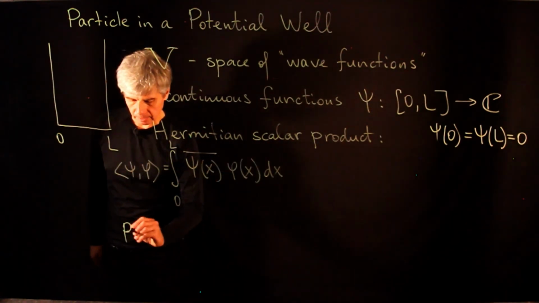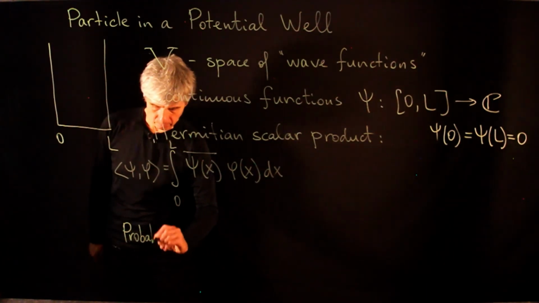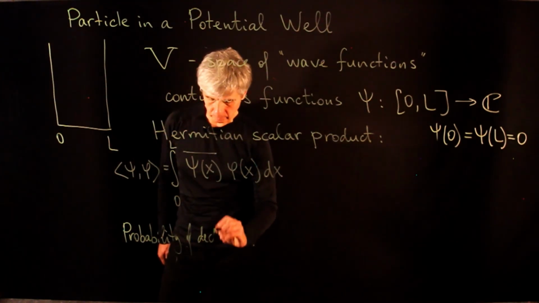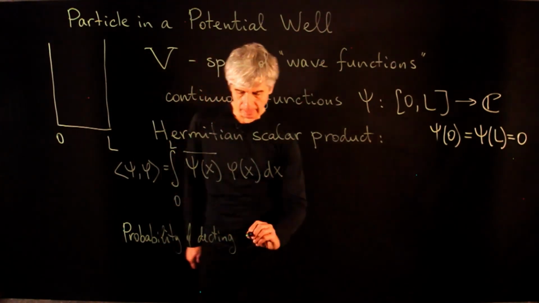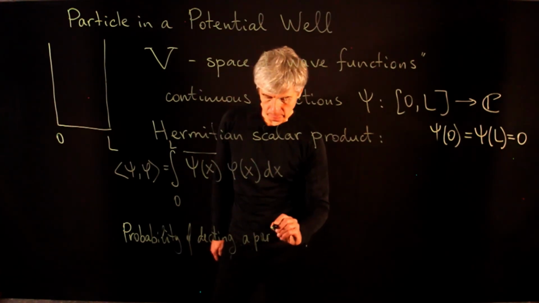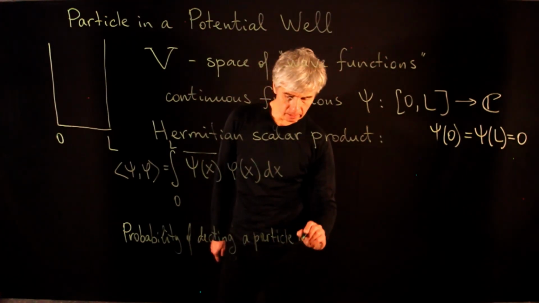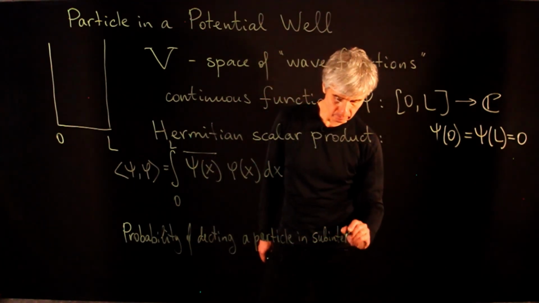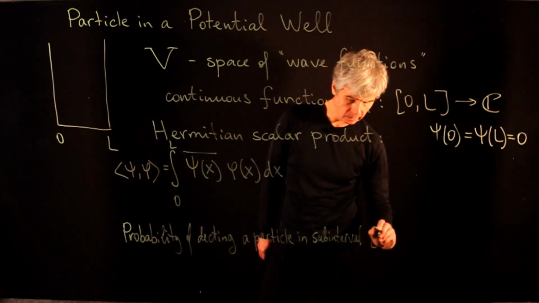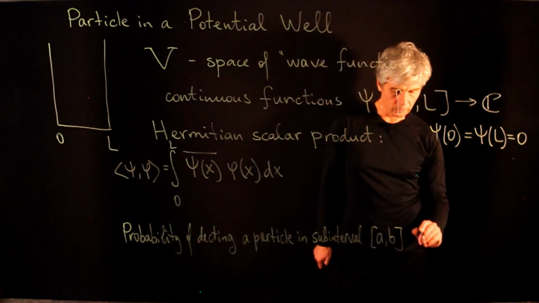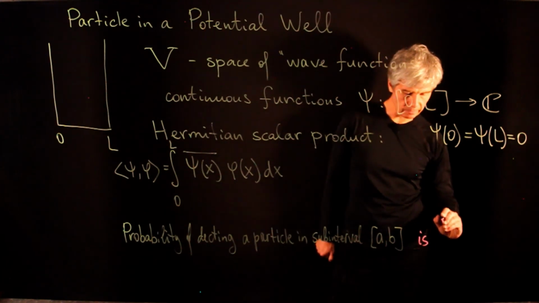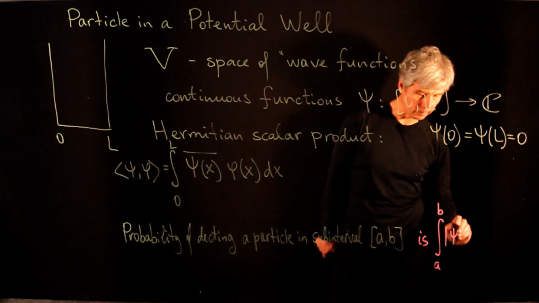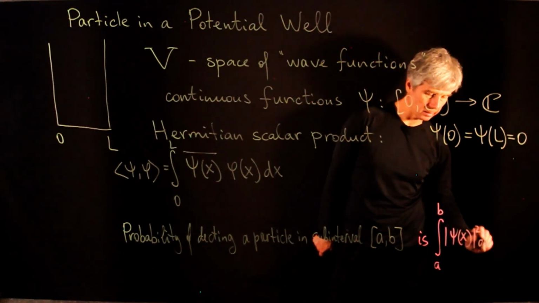So the probability of detecting a particle in a subinterval from A to B is given by the integral from A to B of the norm of psi of x squared dx.